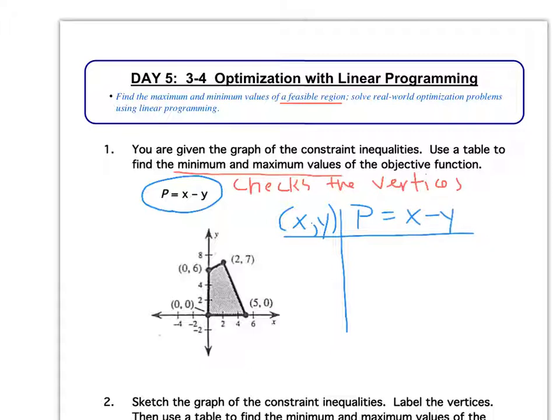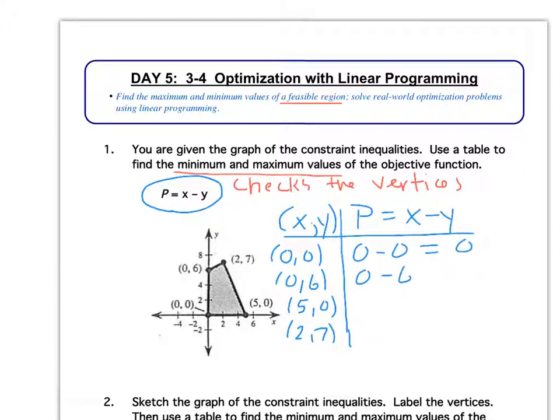So my vertices, as I can see here, are at (0, 0), (0, 6), (5, 0), and there's another one at (2, 7). As I plug the x and y coordinates into that objective function, 0 take away 0 gives 0. 0 take away 6 is negative 6. 5 take away 0 is equal to 5.